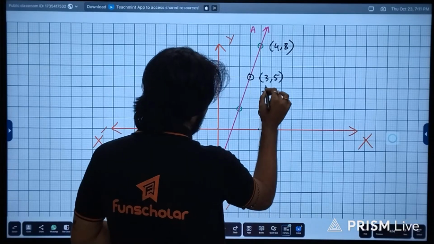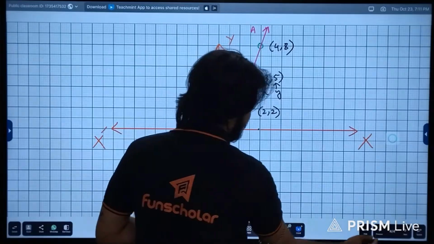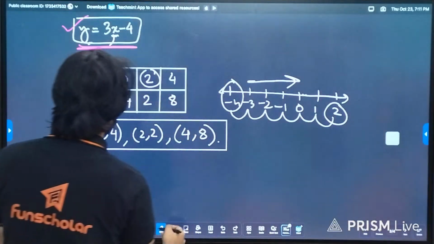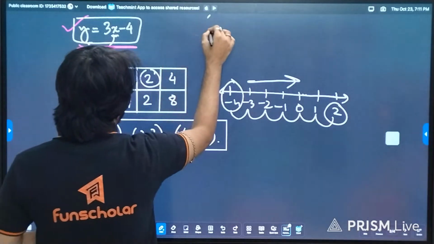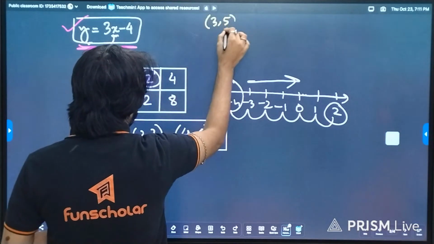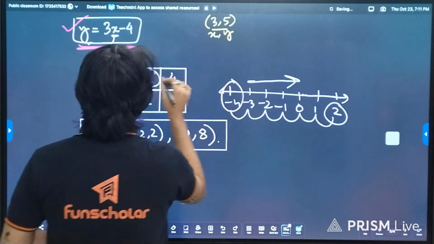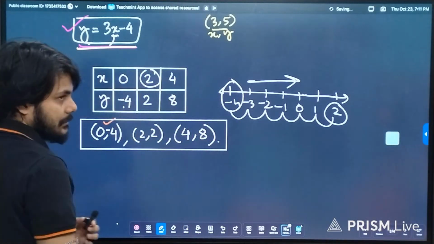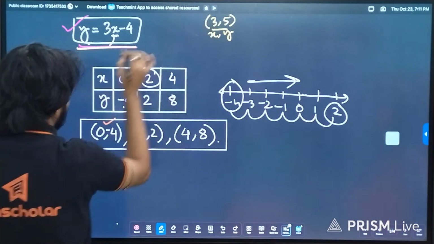This is the value of x and this is the value of y. So our coordinate was 3 comma 5, right? Now in this particular algebraic expression, we will put the value of x as 3.